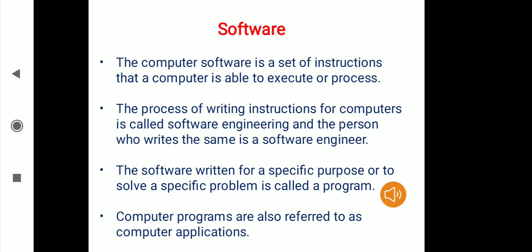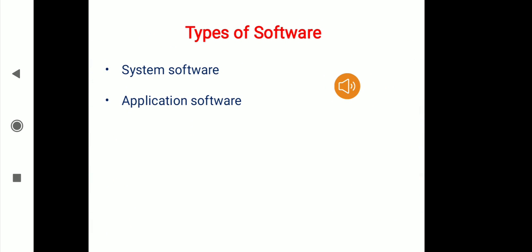For example, programs written for playing games and drawing pictures on the computer are referred to as gaming and graphical applications respectively. The software are of two types. Those are the system software and the application software.